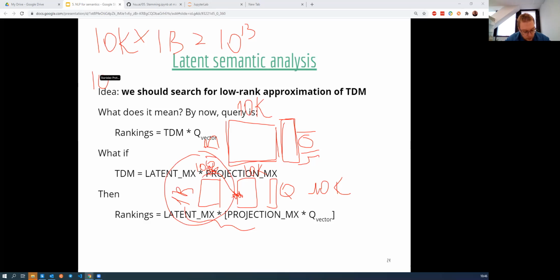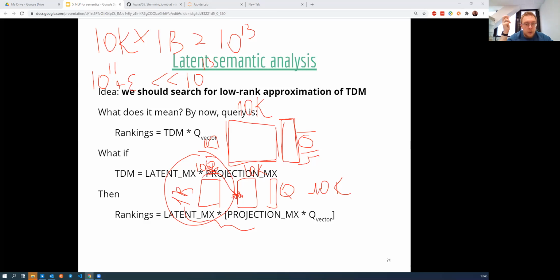So it's 10 to the power of 11, and 100 by 10K, some epsilon. So 1 million actually. And this is much smaller than 10 to the power of 13, okay? So 2 orders smaller. So doing low rank approximation, we save the space.